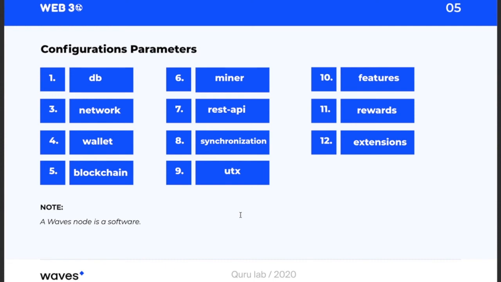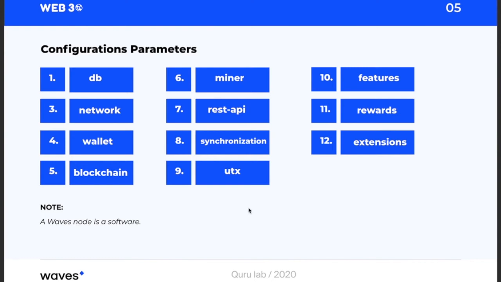And any mistake you make will not lead to loss of funds or bring in any kind of risk. So the testnet is used for debugging and things like that. The stagenet is for testing features before moving them to the mainnet, and the mainnet is where the real thing happens. So on the blockchain parameter, that is where you state which of them you want. Is it mainnet, stagenet, or the testnet?